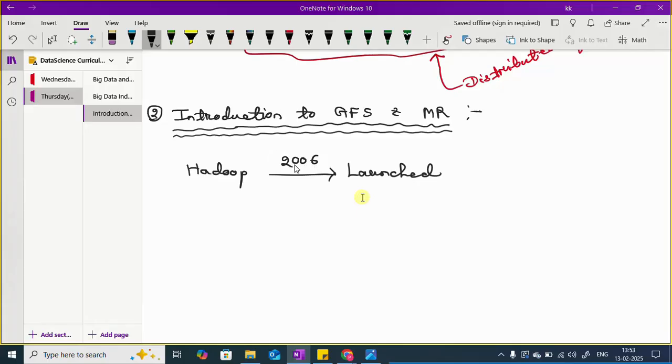So at that time, when it was first introduced to the technology world, GFS stands for Google File System. Let me just write down the acronym, then it will be easy for you.